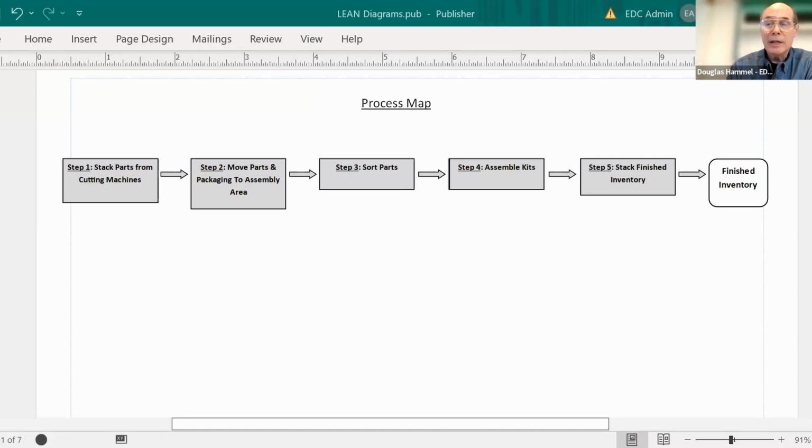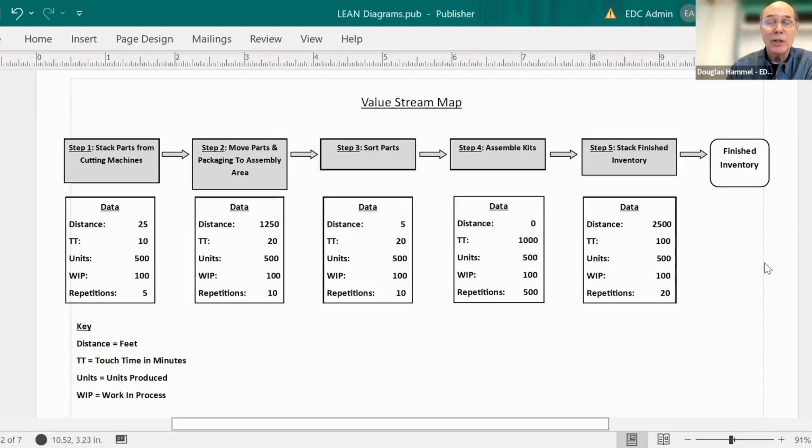But the next part of that is to make that process map a value stream map. Now, did the screen change? Yes. Okay. So you can see the same process at the top, but now we've added data to it.